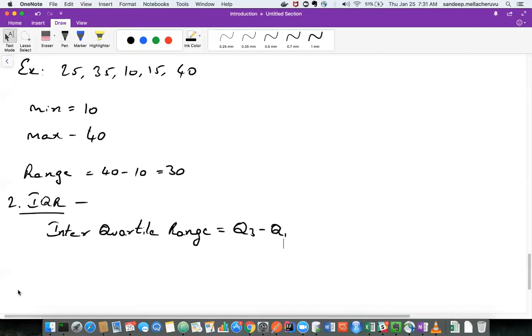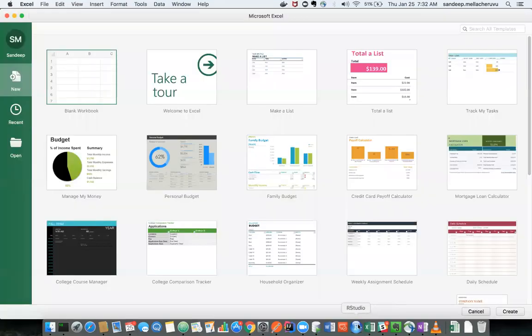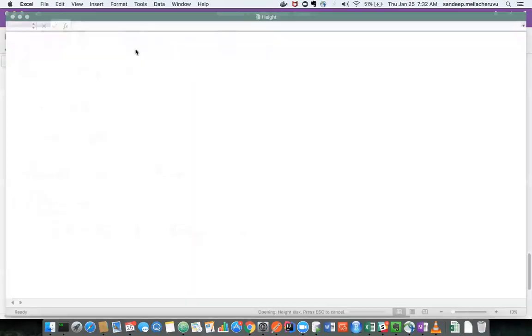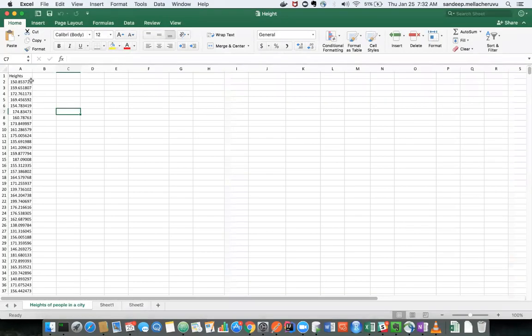We already solved a problem on this. Going back to the height data set, we have a list of heights and we wanted to get the IQR. First you compute Q1 and Q3, then compute Q3 minus Q1. This is the interquartile range, IQR.